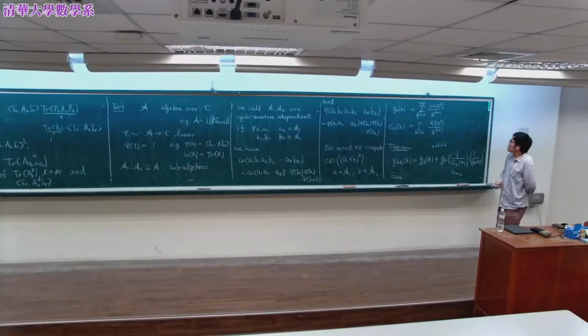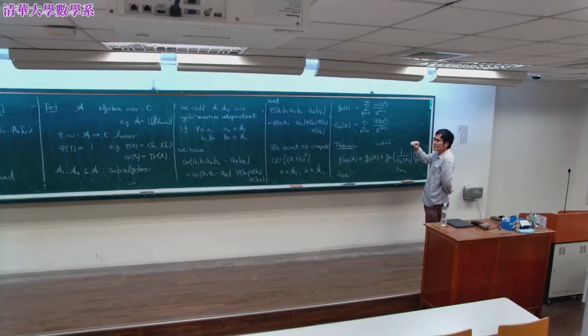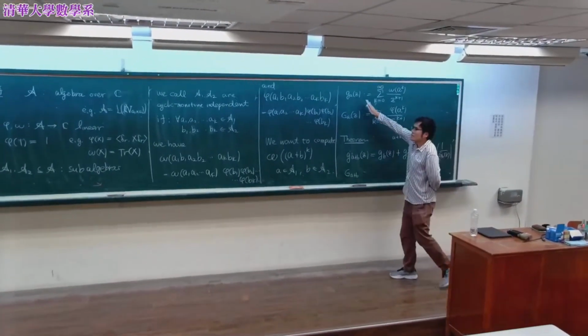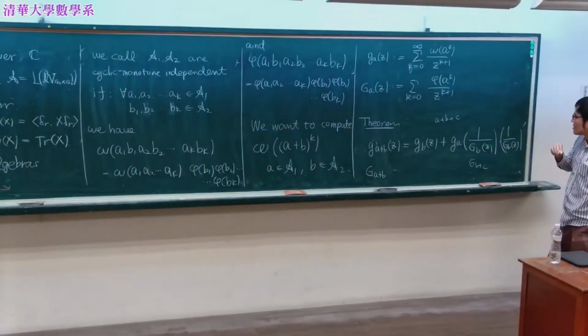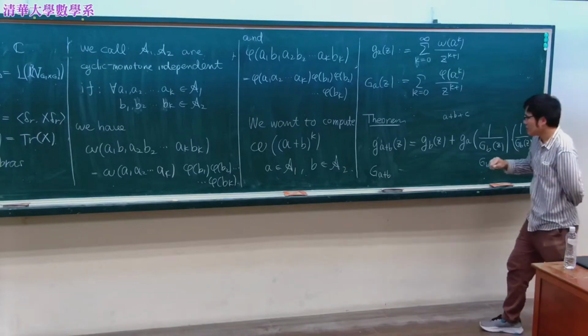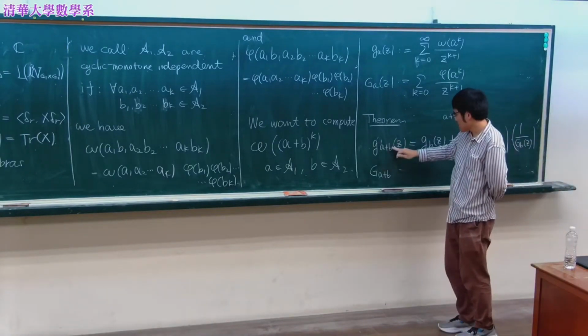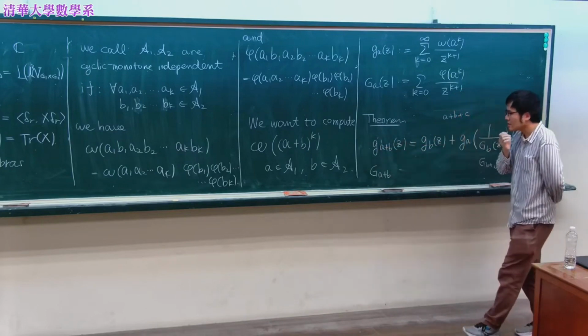From little g, maybe impossible. We need both. But you tell me that we just need to know little g of A plus B. Yes, in order to compute the eigenvalues of this A plus B, little g is enough. Oh, eigenvalues. Okay.